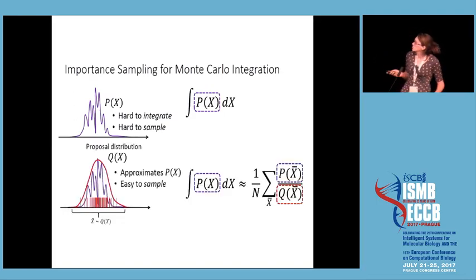So what we can do is find a distribution that approximates our distribution of interest and is easy to sample from. Then we sample from this proposal distribution, and we correct our samples by the probability of sampling them from the proposal distribution. And this will converge to our integral of interest.